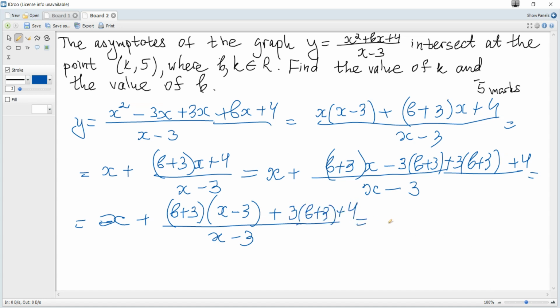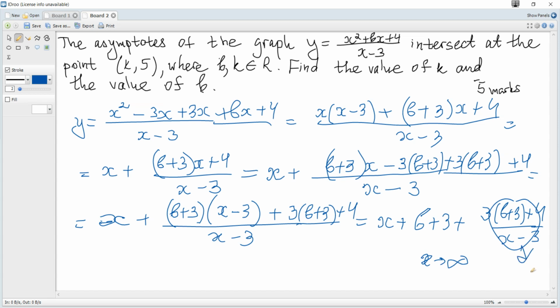And now if we split it into two fractions, we get x plus b plus 3 plus 3 b plus 3 plus 4 over x minus 3. And now it's clear that when x tends to infinity, this tends to 0, and it's the required equation of a slant asymptote.